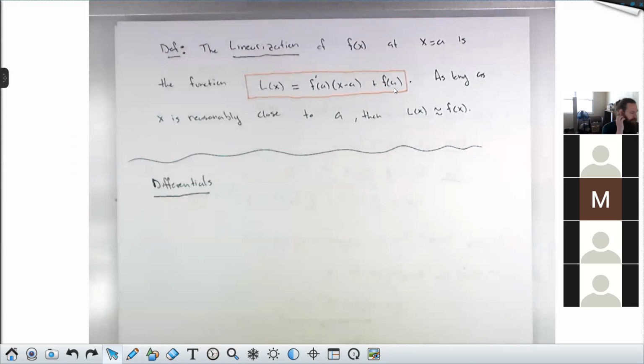So the differentials, there are ways of thinking about these things that connect them to linear approximations.